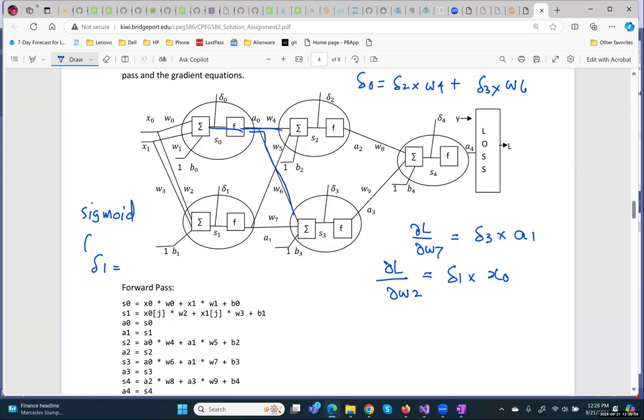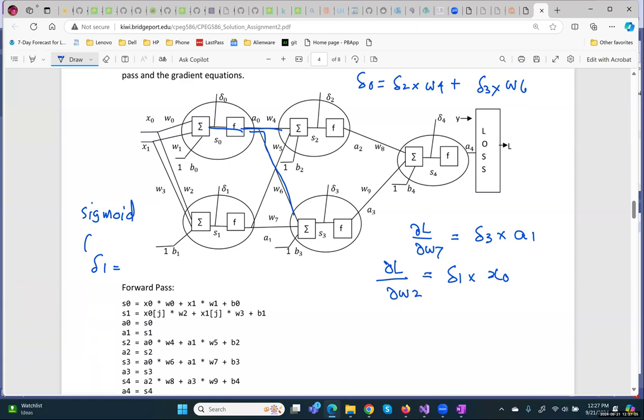So how is delta 1 calculated? Again, an easy way to remember is to first imagine the activation function was linear. Take a look: delta 1 is getting contribution from which other 2 neurons? The delta 2 neuron and the delta 3 neuron.